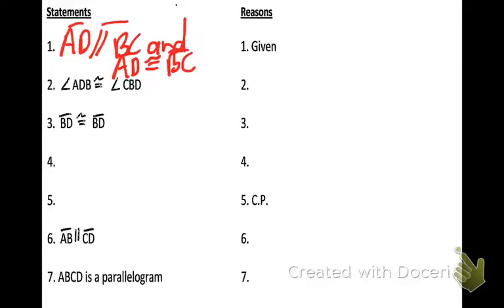That's what I'm given. How do I know that ADB is congruent to CBD? How do I know that? Christopher. AIA. Good. How do I know BD is congruent to itself? Brian. Reflexive.